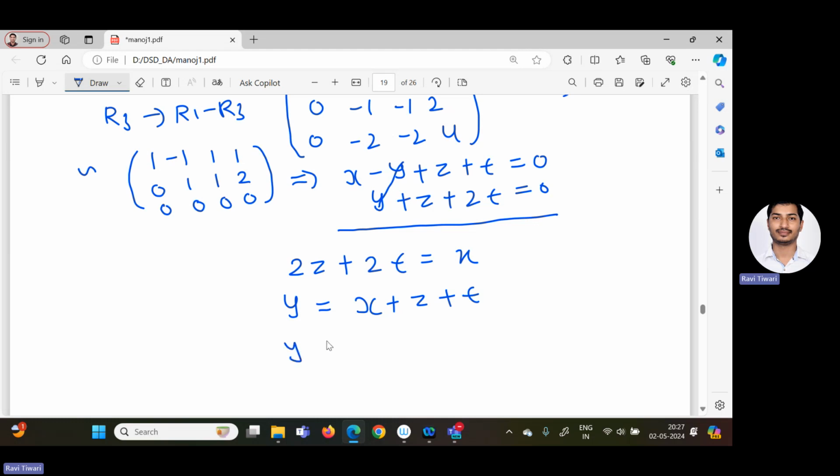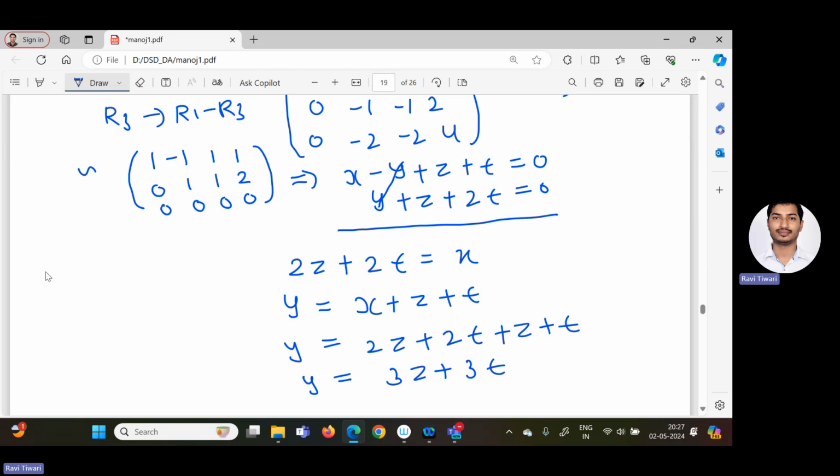So y equal to 2z plus 2t plus z plus t. So final y will be 3z plus 3t. So x is 2z plus 2t, and y is 3z plus 3t.